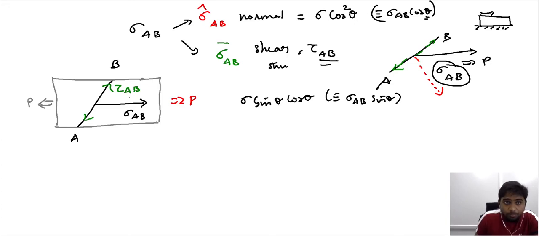So the shear component of the stress acts along the region of interest, and finally the normal component of the stress acts along the direction perpendicular to the region of interest.